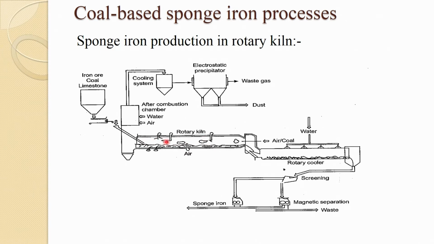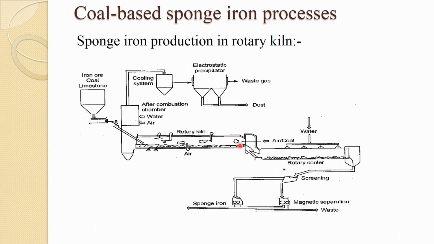The hot gases heat the material here, so it is a sort of pre-reduction, and these hot gases then go away from the other side where the inlet of the ore is. After cooling and combustion of those gases, they go to the electrostatic precipitator to remove the dust and the waste gases.